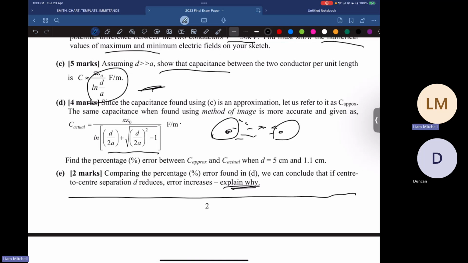No? So it's just the error rate metric of... Yes. Yes, because if we assume that d is greater than a, we still continue using the same approximation of point charges, where they're no longer point charges relative to the distance to each other.